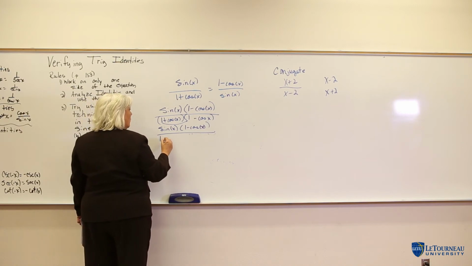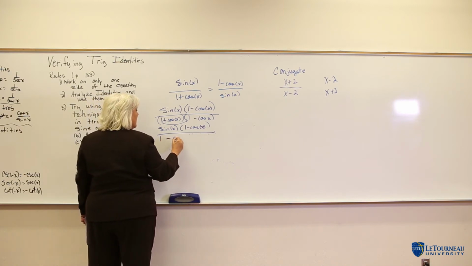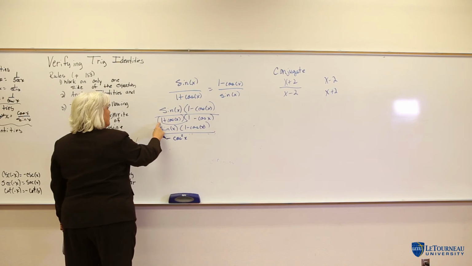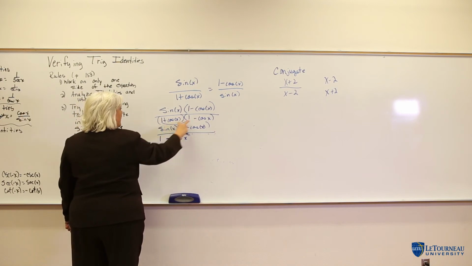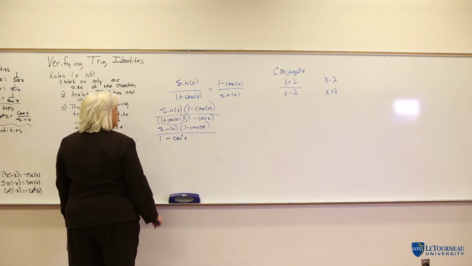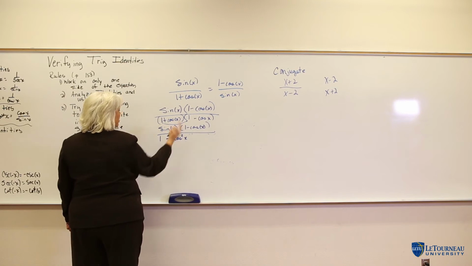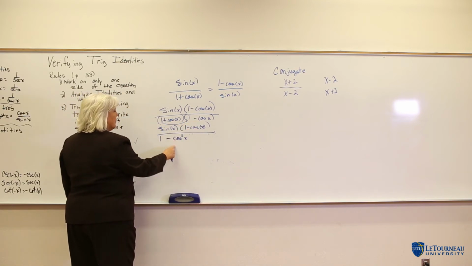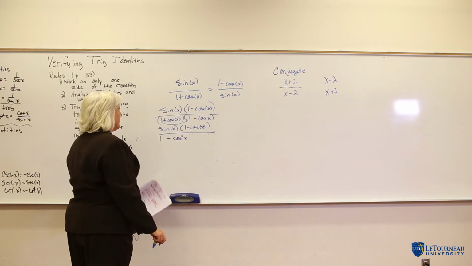So that's going to give me 1 minus cosine squared x, because cosine times cosine is cosine squared. So it's 1 times 1 is 1. The middle term becomes 0, because negative cosine plus cosine is 0, and then cosine x times a negative cosine x is going to give me a negative cosine squared x.